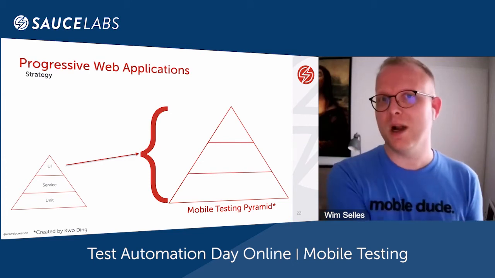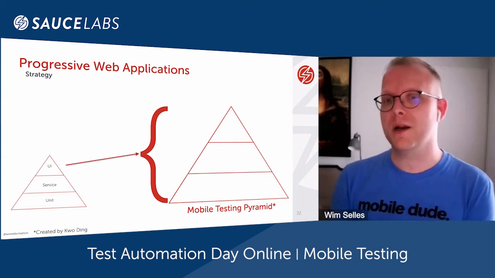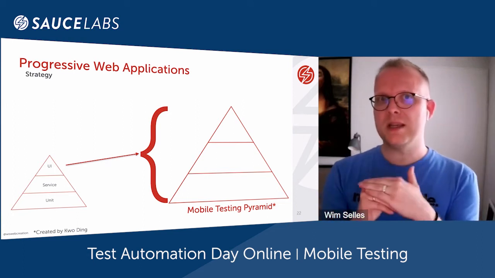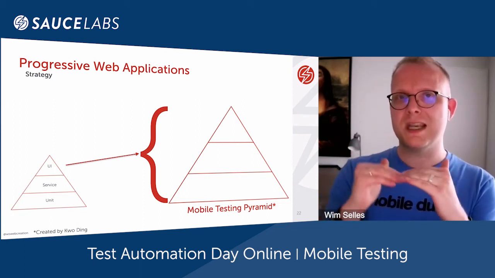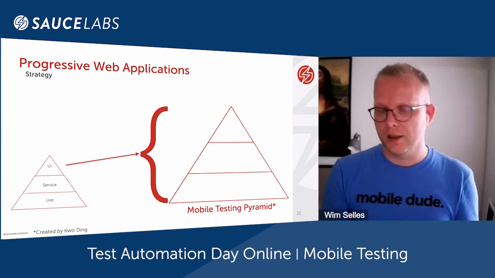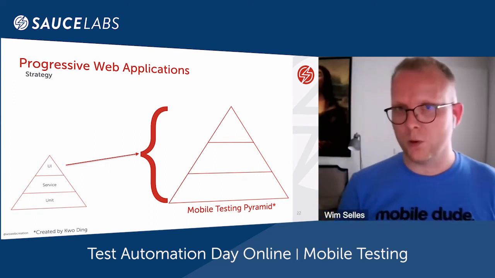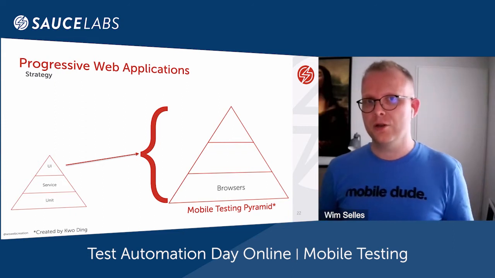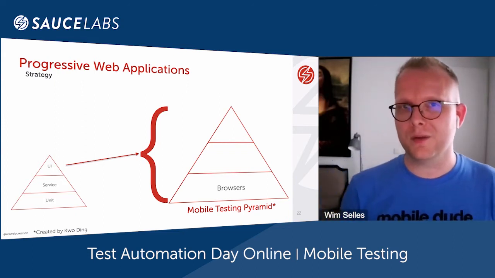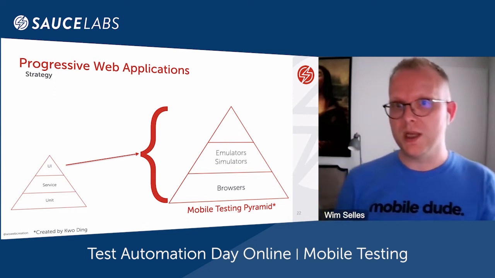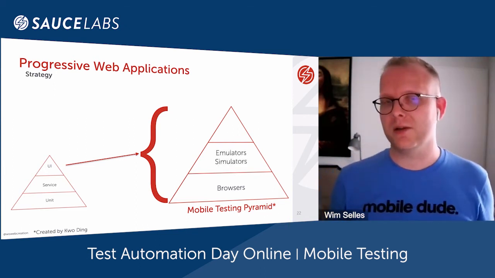And again, that UI layer for mobile devices can be divided into 3 layers. These layers are based on what could you test where. So you've got a very broad layer at the bottom, and that one is already for browsers. You can already verify a lot of stuff of your PWA in browsers. Then the second layer would be thinking about testing it on emulators and simulators.